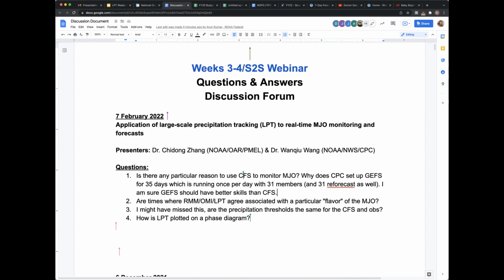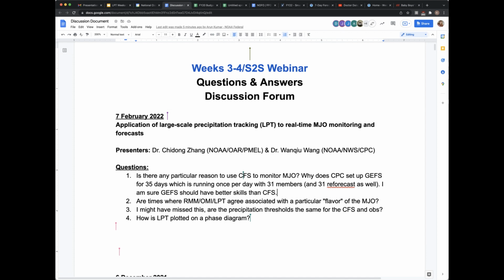So on this note, we think the best way is probably to use the mean precipitation as a scalar to rescale the threshold, and we are testing it right now. So you can have an observed threshold, and then you compare the mean precipitation between observations and model forecast, and use that ratio to rescale the threshold. I think that might be a way to go.